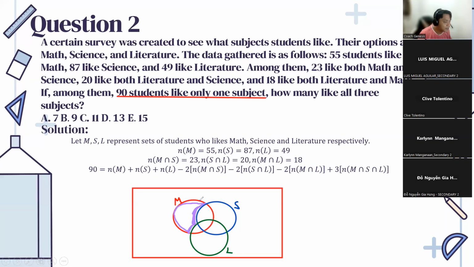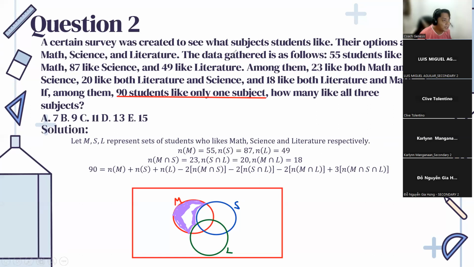This, because it does not have any intersection with the other portions or circles. Okay, the violet area. So I'll just not shade all of that.